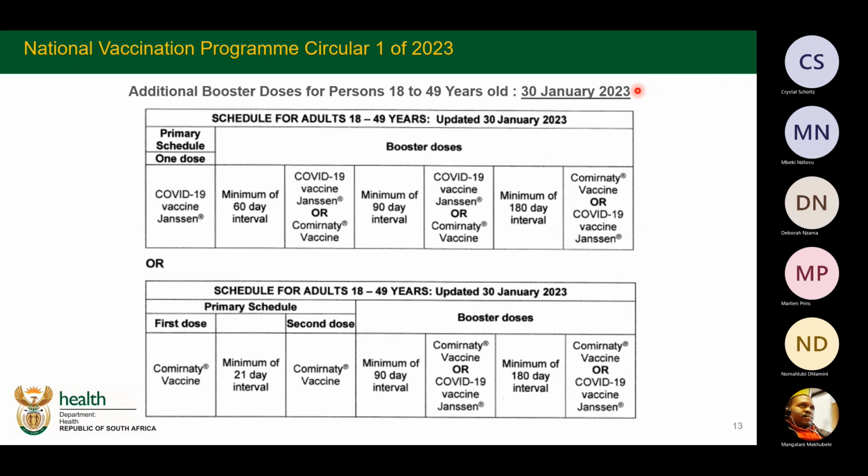So if you are between the age of 18 and 49, your primary schedule, if you started with J&J, is still 1 dose, right? And then after 60 days, you are allowed to continue with J&J or to take Pfizer. And then after 90 days, you're allowed to take J&J or Pfizer. And then after 180 days, you can take Pfizer or J&J.